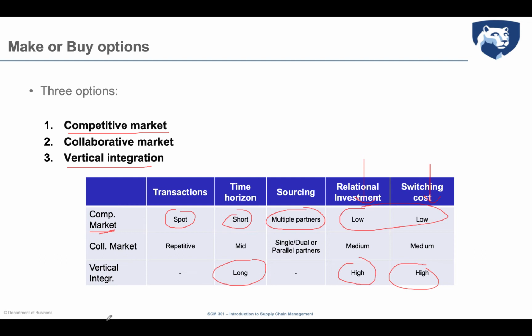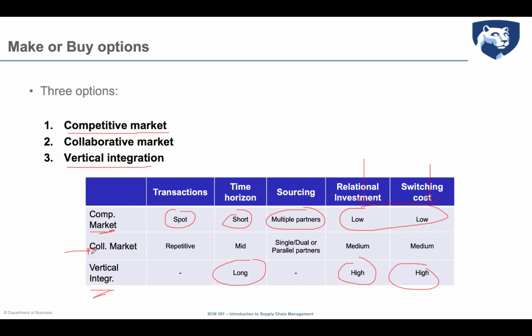And the switching costs are low because it's very easy to step from one supplier to the other. In between vertical integration and competitive market, we have the collaborative market. We have seen that at certain conditions, it's still possible to establish a relationship with the supply market, but the spot transaction only based on economic conditions is not the best solution.